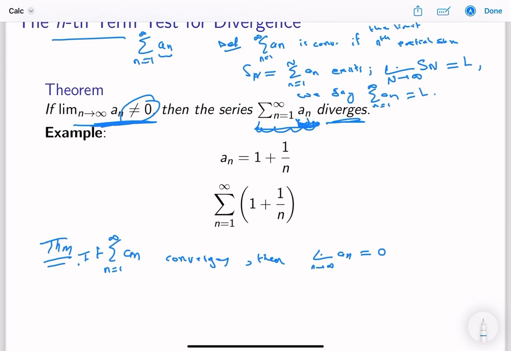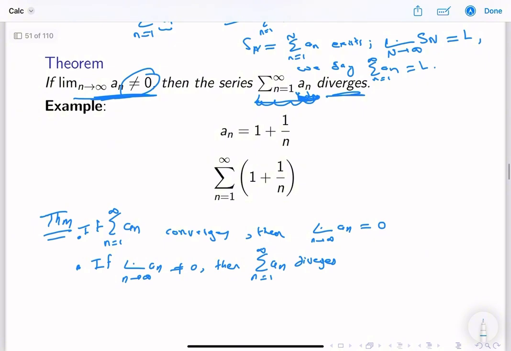And the other way to state the theorem is as mentioned above: if the limit of a_n as n tends to infinity is not equal to 0, then the sum of a_n from n equals 1 to infinity diverges. This is called the contrapositive of the above statement, right?